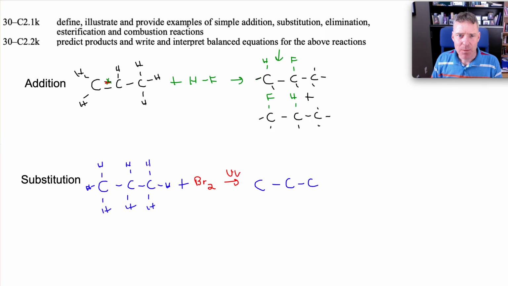Okay. Now we have a couple possibilities. We could have an H pop off at the very end, or we could have an H pop off in the middle. Either one will give us a different name product. So I'll do the one at the end first. This H can go. One of the bromines can take its place and we'd get a 1-bromo product. Okay.